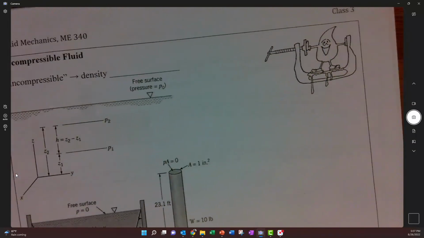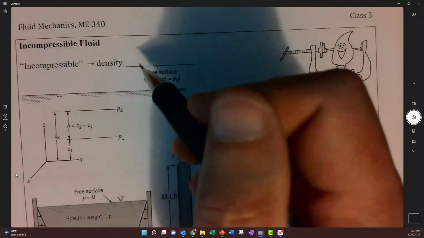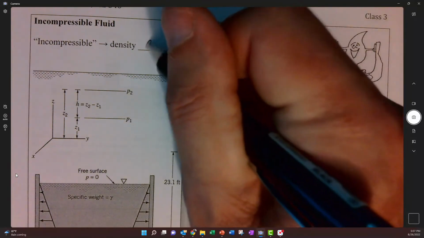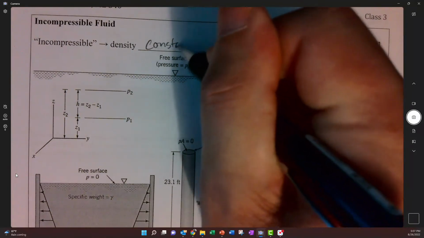So incompressible, what we want to remember, we want to associate the density is assumed to be constant, right?